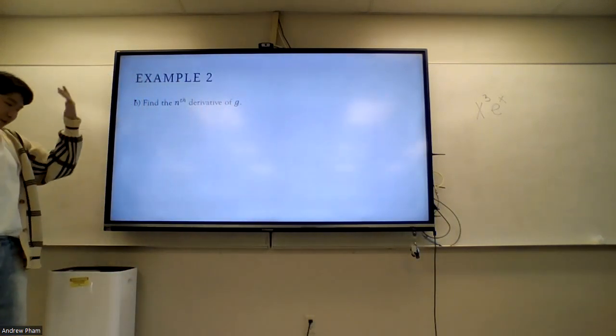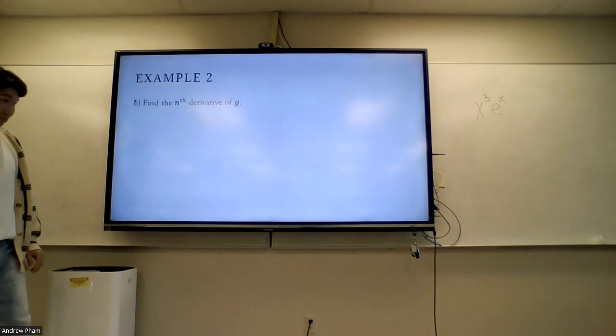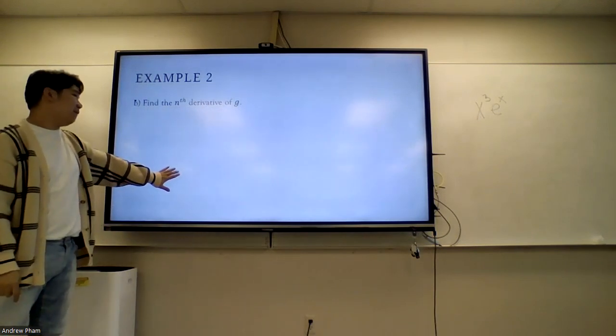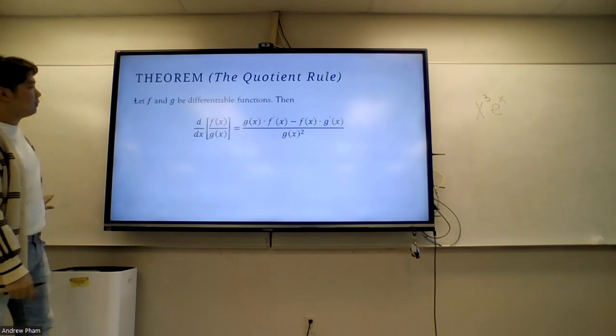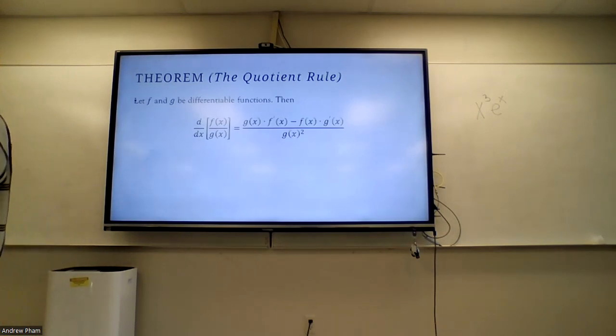All right, so lots of nice things that we can do with product rule. Let's see what we have next on here. The quotient rule. Let's say I have a quotient f divided by g.